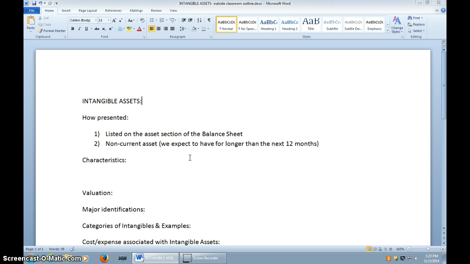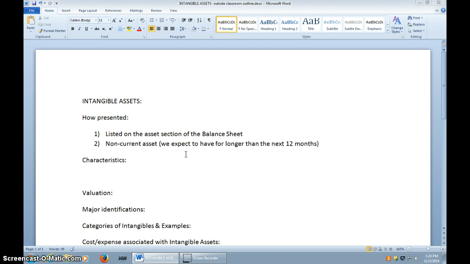Property meaning land and buildings. Plant means building. Equipment, what it sounds like: machinery, equipment, vehicles, furniture, etc. So we're going to turn our attention to intangible assets in today's lecture.